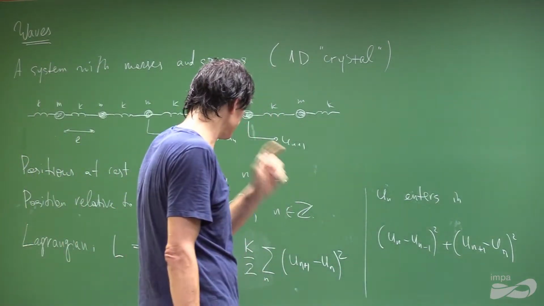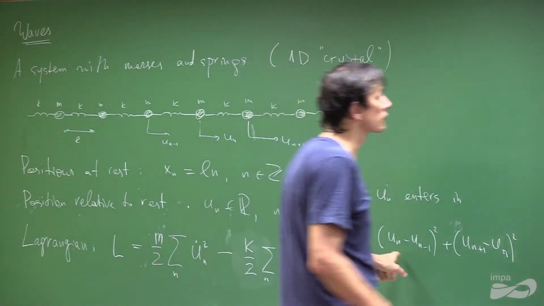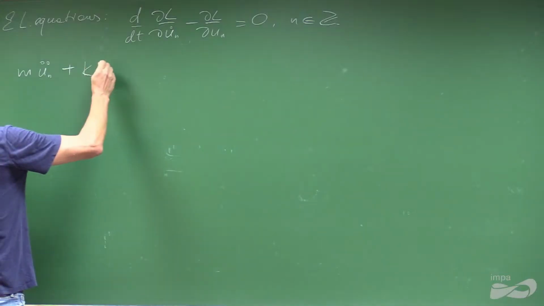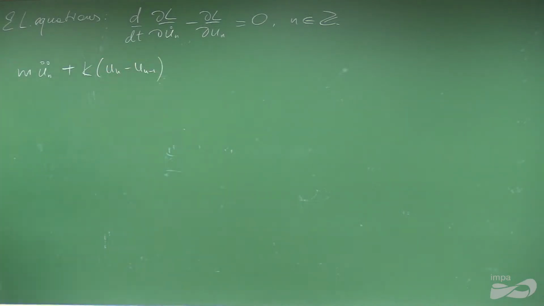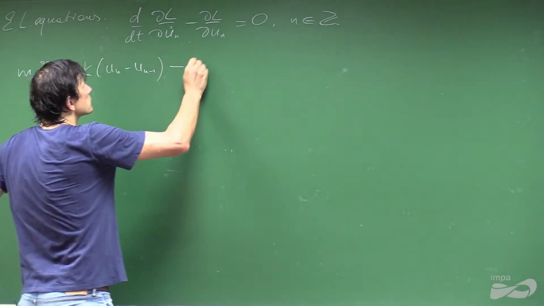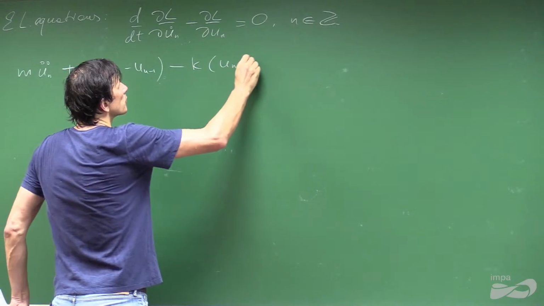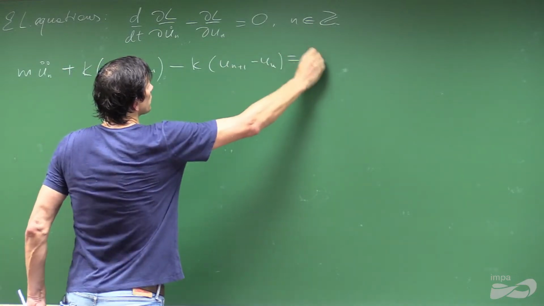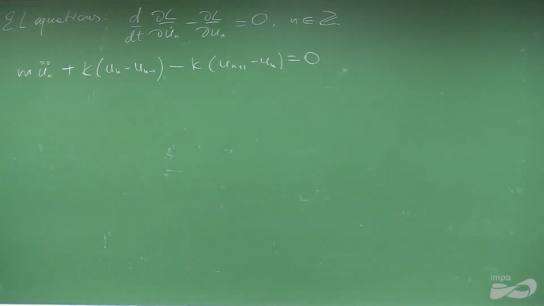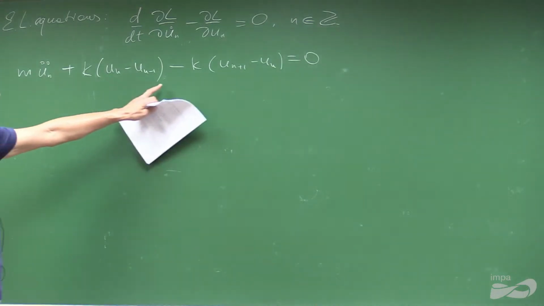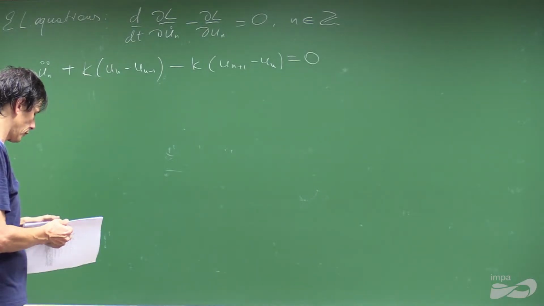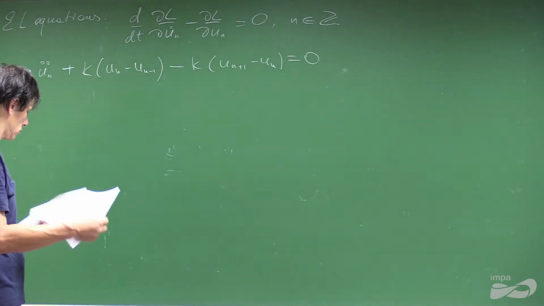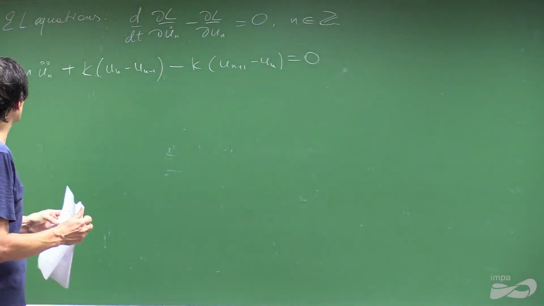From the first term you get k(u_n minus u_{n-1}), and from the next term you will get minus k(u_{n+1} minus u_n), equals 0. So that's the equation of motion. Now we can put everything together. We divide by m and put everything inside.